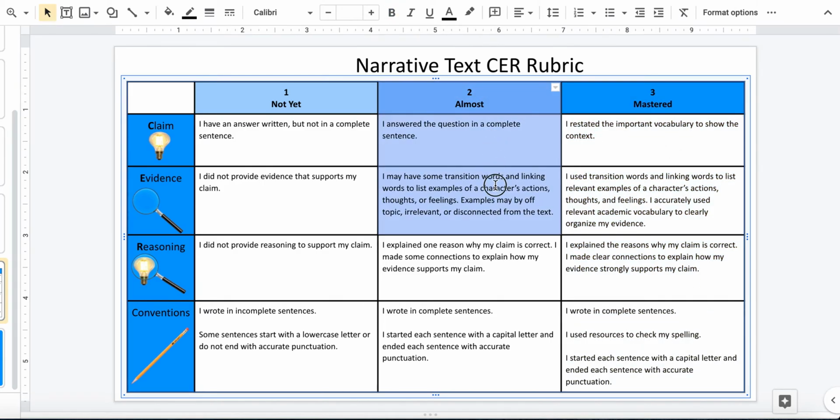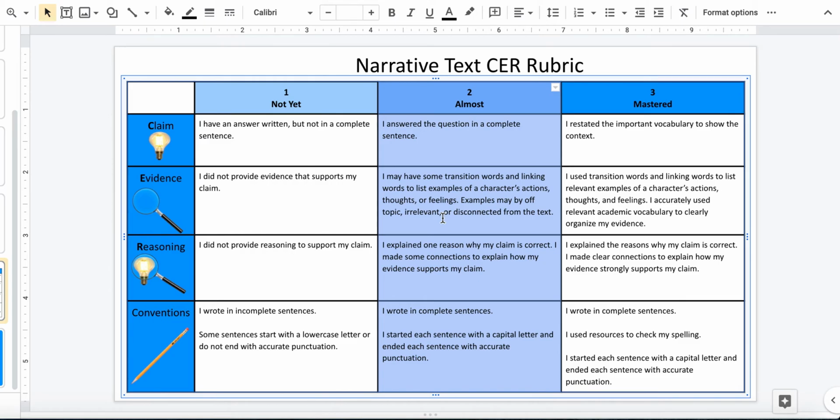If you are almost there, then you're going to be scoring at a 2 because maybe you answered the question without the vocabulary. Maybe you have some transition words, but not all the transition words you need to stay organized. Maybe your examples aren't really connected back to your claim.